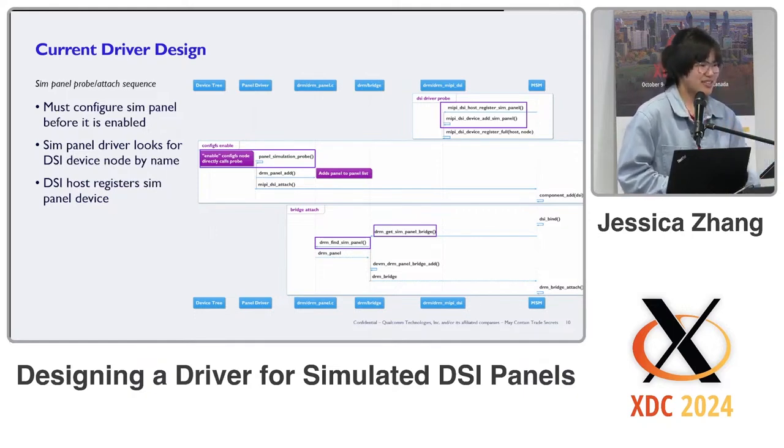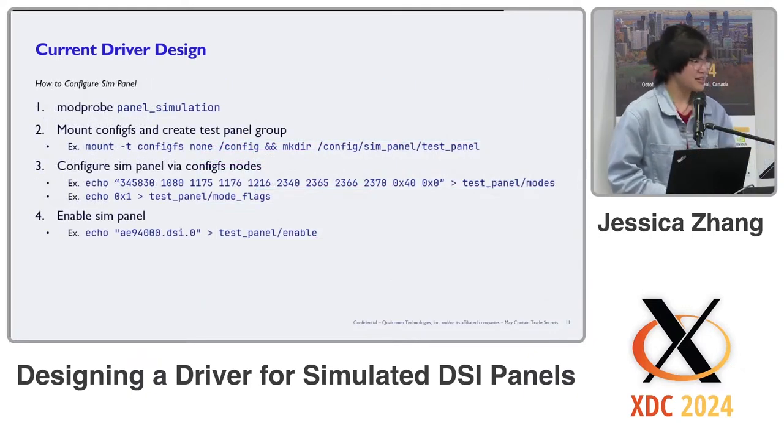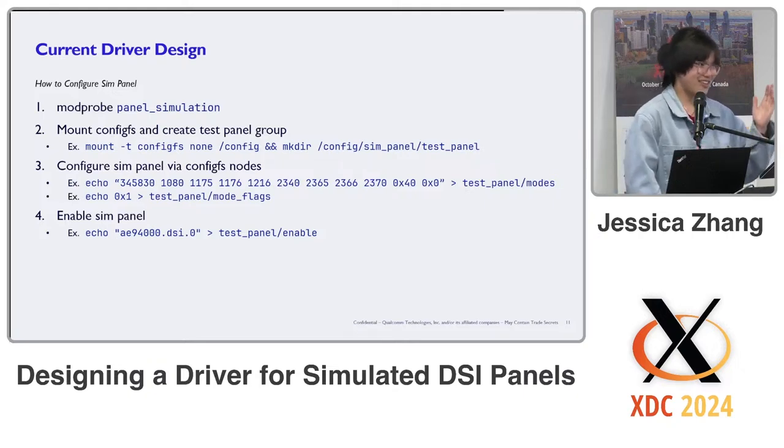During the DSI bind, instead of doing all those OF API calls, it will just do the SimPanel specific framework calls. So this is a summary of how to use the SimPanel configfs. Like I said, you first have to modprobe the module, then mount the configfs, create the panel group, configure the configfs nodes, and then enable the SimPanel.